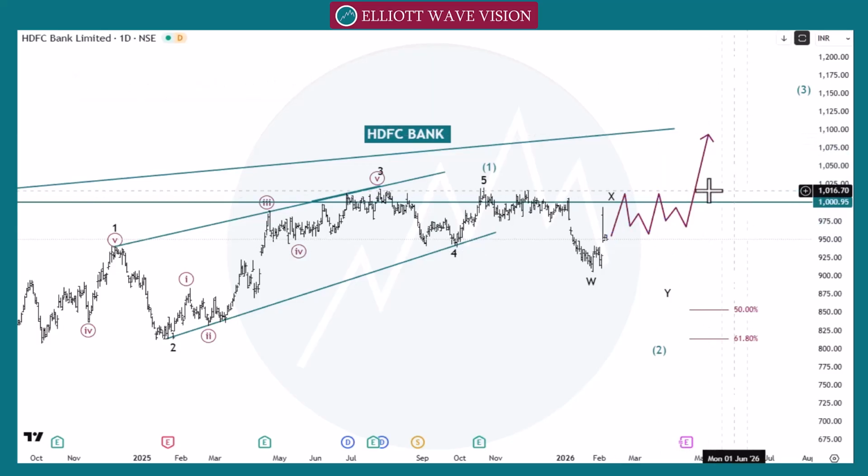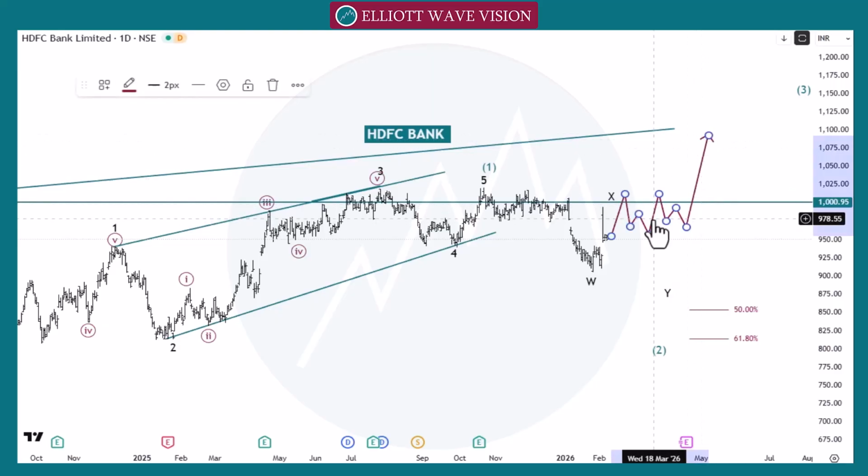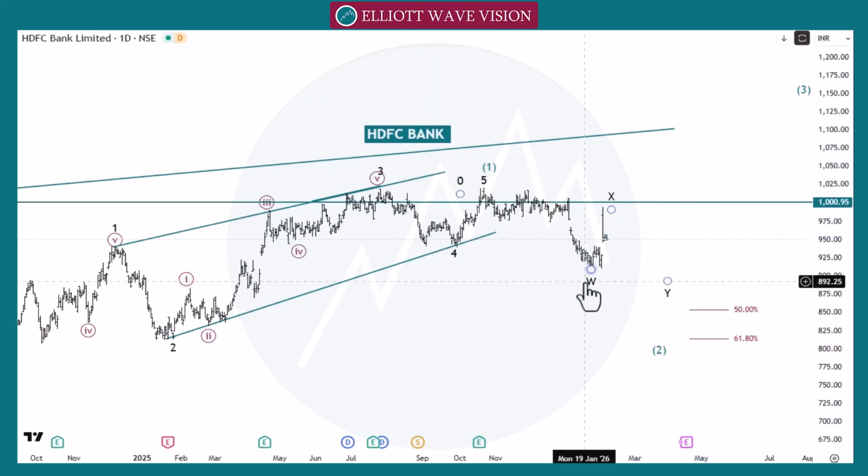So if market gives us the classic trading level pattern at 1000, then we will go towards the next point. Otherwise, we are looking for the deep correction towards the 50 to 61 fib ratio. So market gives us the W, A, B and C, X.